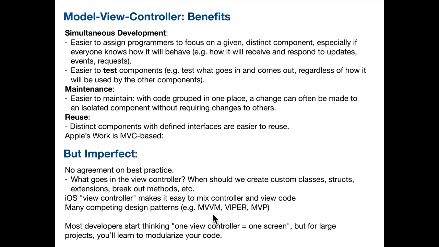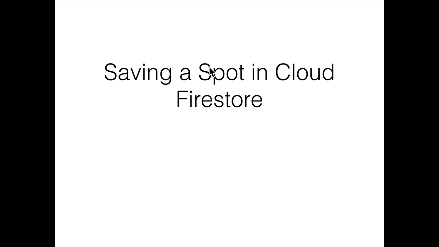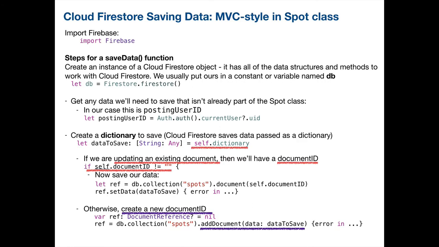But as you read more blogs online or books, you might run across MVVM, something called VIPER, something called MVP, so lots of other different things as well. But we are going to save all of our stuff and load all of our stuff within our classes so that we don't have that stuff in our view controller code. So that's why I gave this little introduction here.